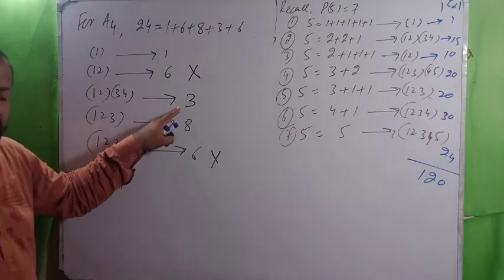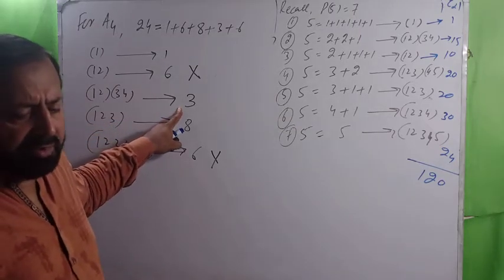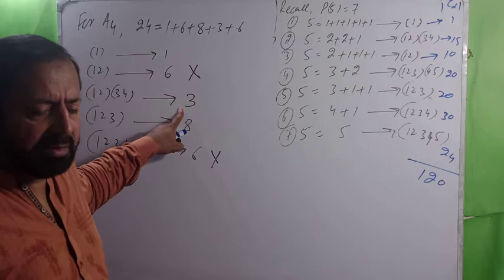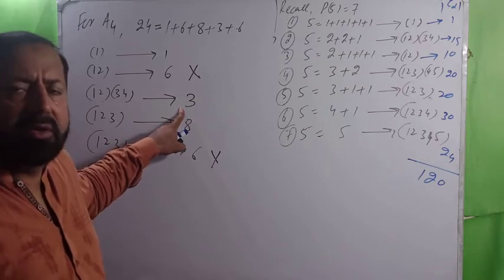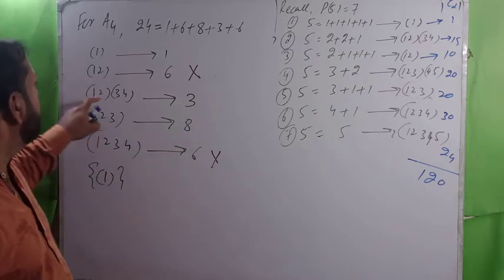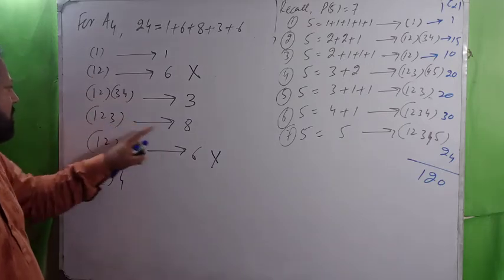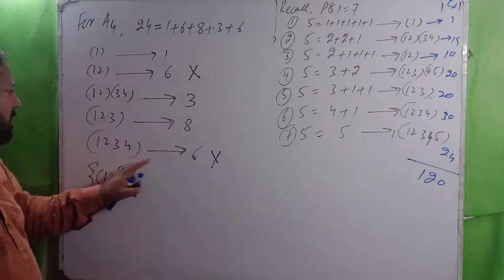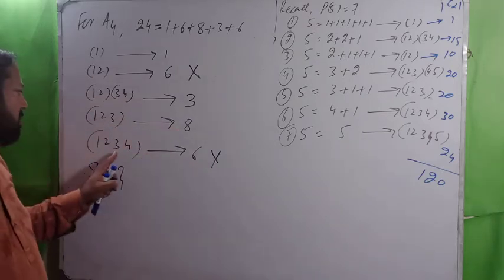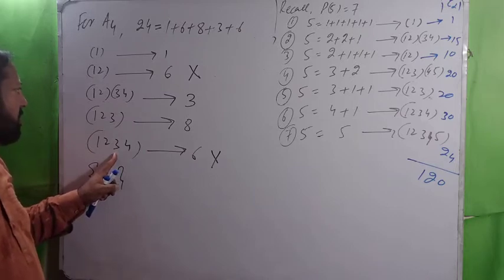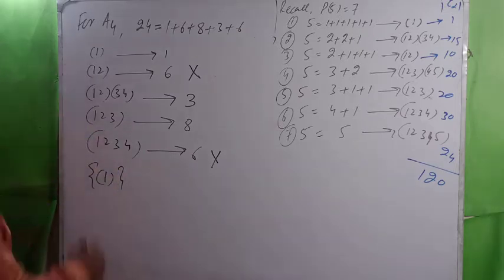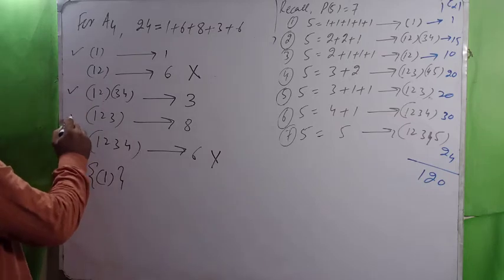Of course, (1 2)(3 4), and (1 3)(2 4), and then (1 4)(2 3). These were the 3 elements. In fact, for the 3-cycles, there are 8 elements, and these are not even permutations, so we will not consider them. So you can consider this, and this.